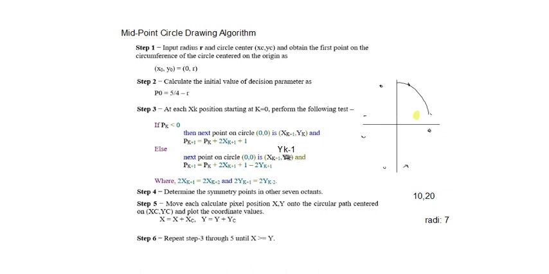If the center is, say, (1, 2), I will just increment those positions by 1 and 2, and shift them accordingly around the center. So that is my step number 5.